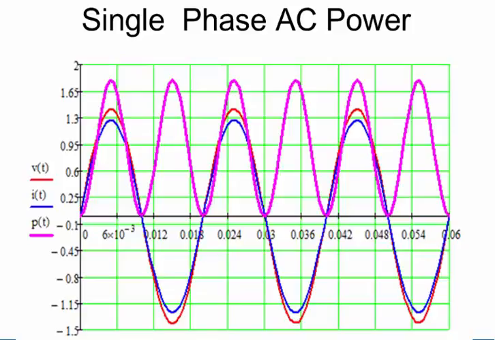So what you see, if you put on an oscilloscope, which is a waveform displaying machine, and look at the waveform, the voltage could be represented in blue, the current in red, and the cross product of it, which is the power, can be represented in pink.